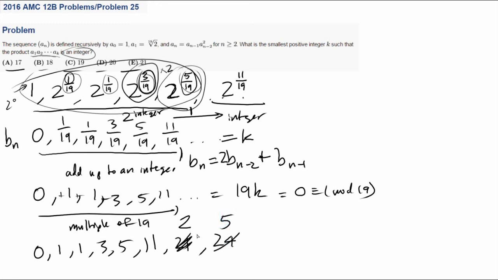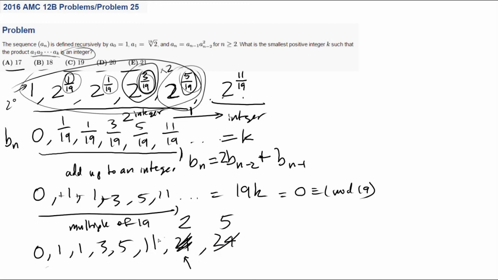And here's why: since the mod of this number in terms of 19 doesn't change, when you add 2 times this to that number, the mod of the sums don't change either. So not only does the mod of this summation up to that term not change in terms of 19, but the mod 19 of subsequent terms doesn't change either.